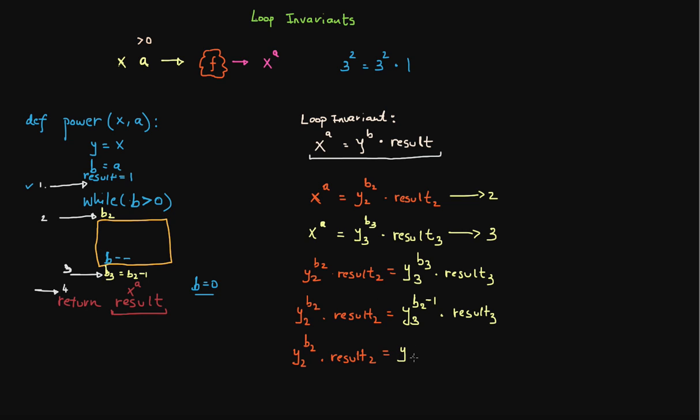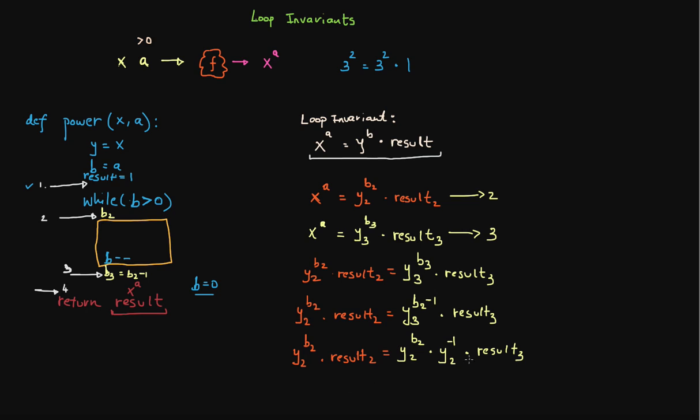So I've got y2 and here I've got b2 times y2. I'm going to rewrite this as y2 to the power b2 times y2 to the power minus 1 times result 3. Okay, so what is result 3 equal to then?